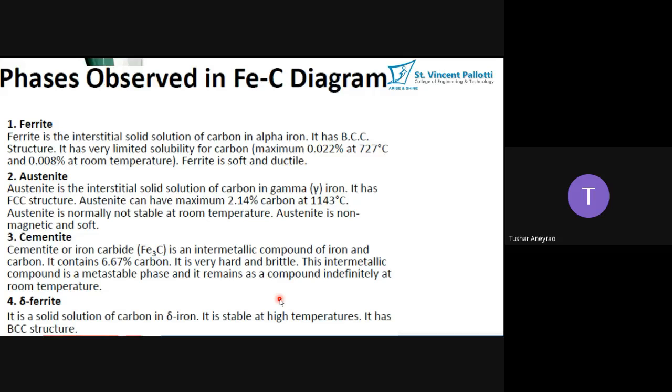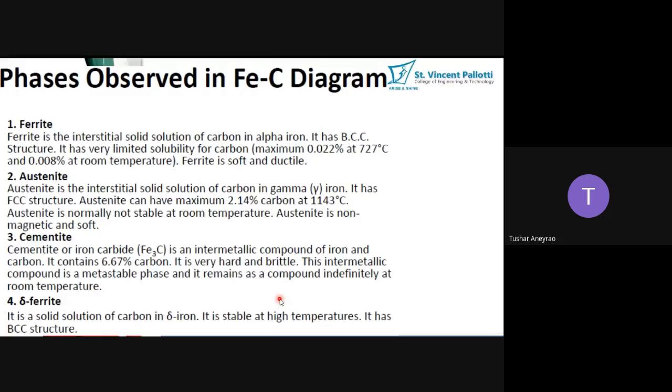Here we can see that it has a BCC structure, body centered cubic structure. It has very limited solubility of carbon, that is 0.022 percentage at 727 degrees centigrade and 0.008 percentage of carbon at room temperature.